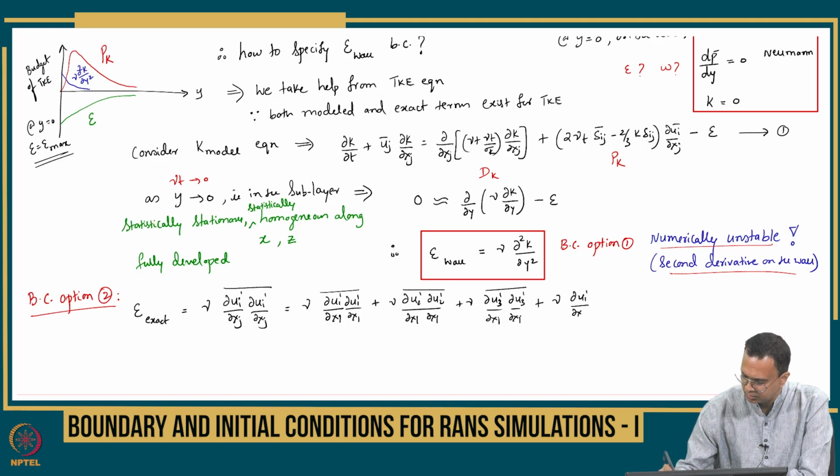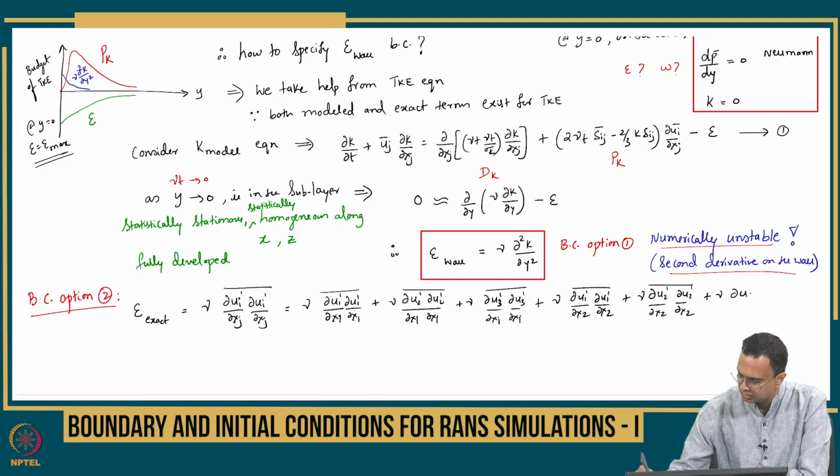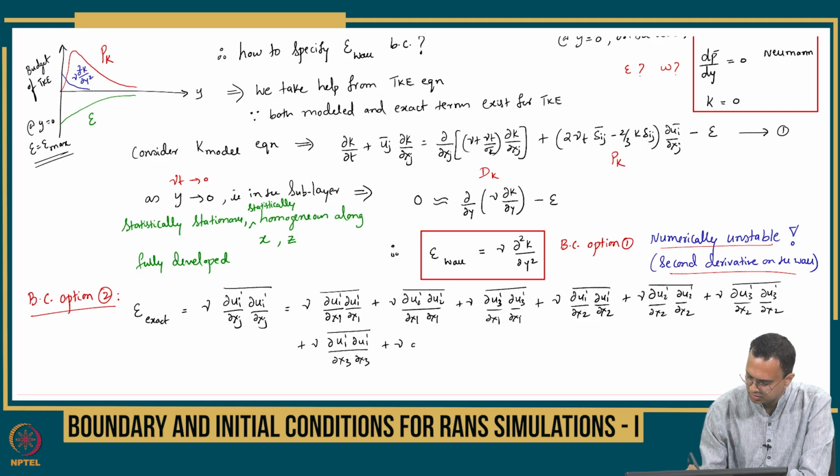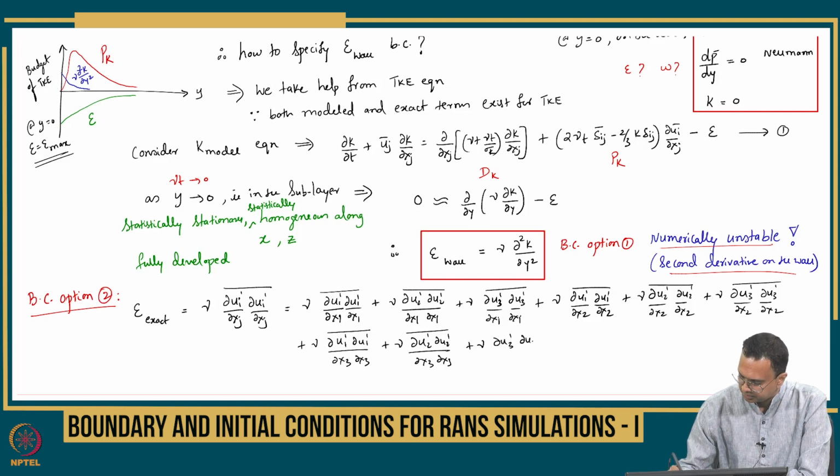Then for j = 2: nu ∂u1'/∂x2 ∂u1'/∂x2 average plus nu ∂u2'/∂x2 average plus nu ∂u3'/∂x2, summing over j, and then of course the extra 3 terms for j = 3, with u1', u2' and u3' differentiated with respect to x3. A sum of 9 terms.